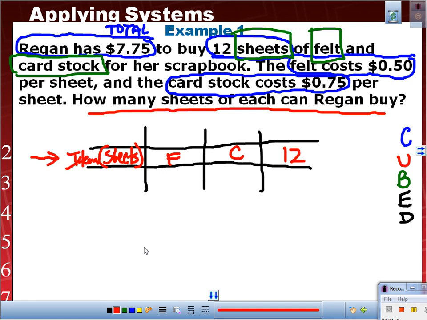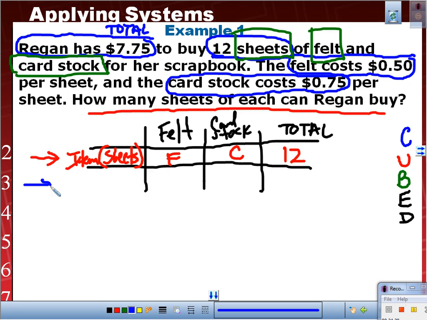Total. That is correct. All right. Julian, what can we label the top? This one right here. F. Very good. Felt. And this one? C for card. Cardstock. And right here? Total. Total. All right. The last row.